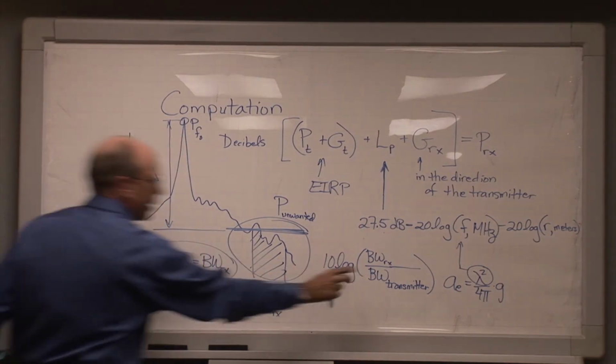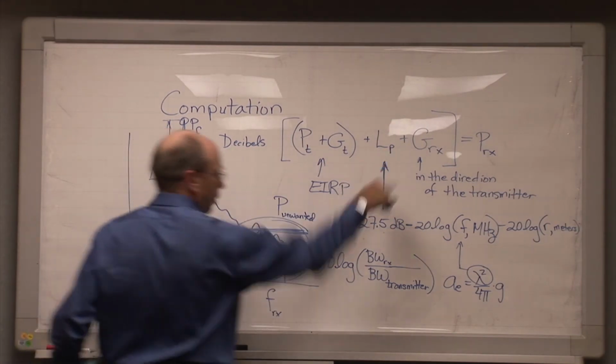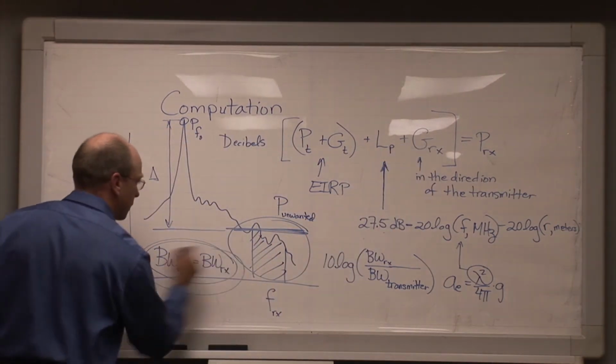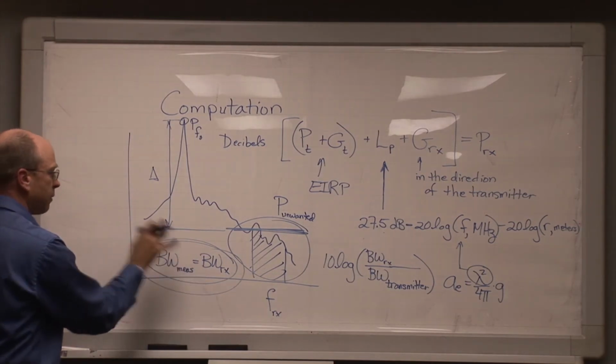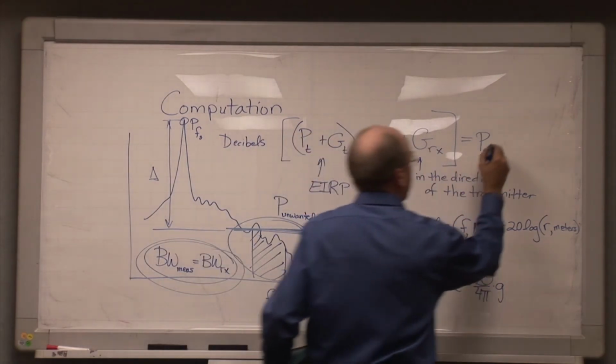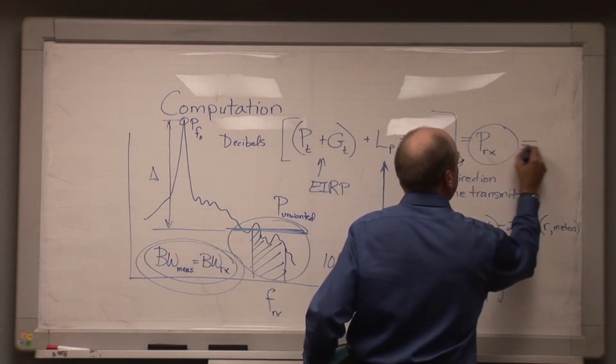But as I say, we don't have to do that calculation if we just do the measurement a smart way. And that's another reason why we do the measurement with a bandwidth that tries to match the bandwidth of that receiver.